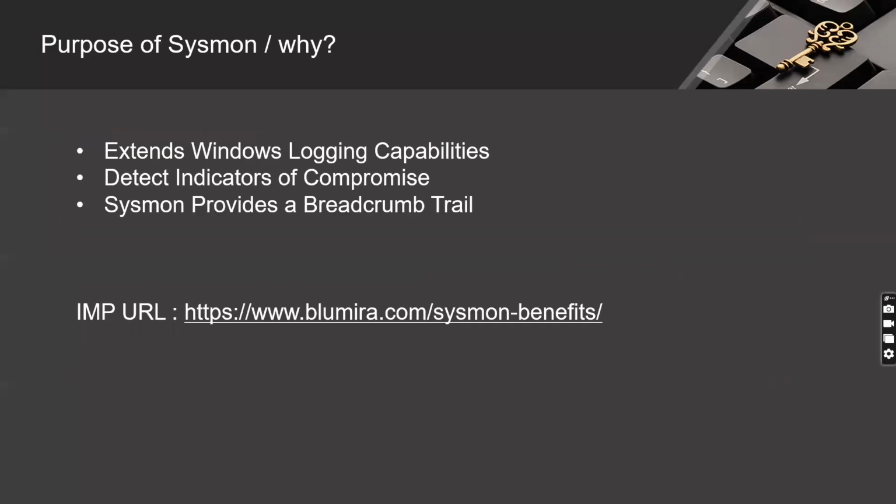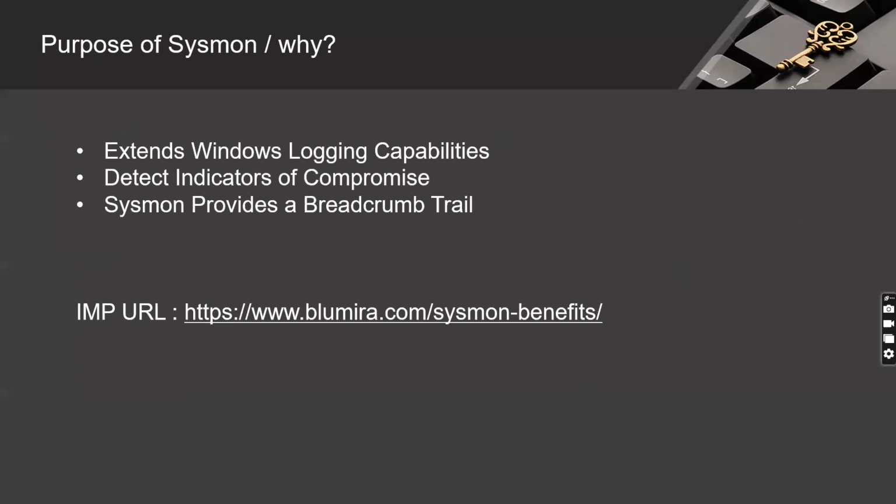So what is the purpose of Sysmon and why is it important? I already explained fine granular logs, which means we are extending Windows logging capabilities. We can detect indicators of compromise. If we install Sysmon, I will show you we can get the hash of a particular process.